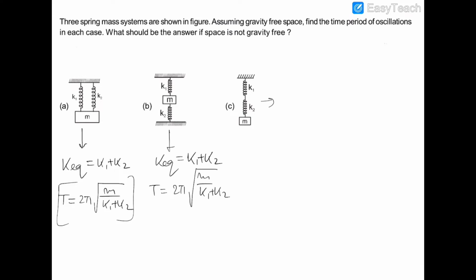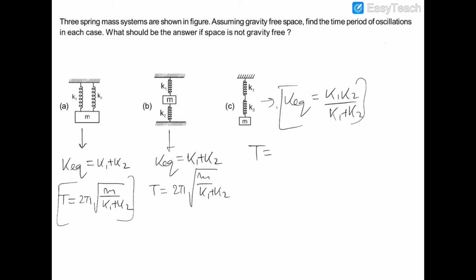But in this case, these springs are connected in series and therefore the equivalent K would be K1 K2 upon K1 plus K2. Today I am remembering EMF again and again, so I am in the phase of electromagnetic induction. So K equivalent is K1 K2 upon K1 plus K2.